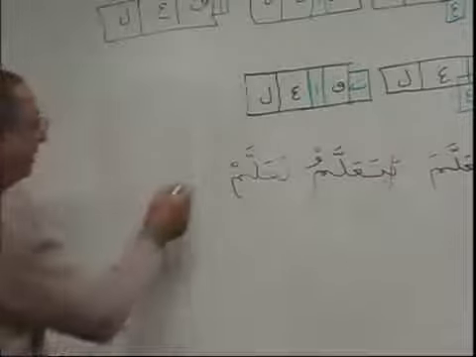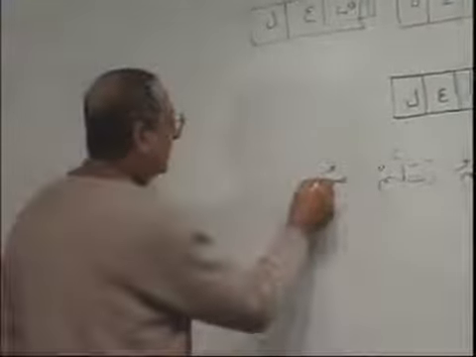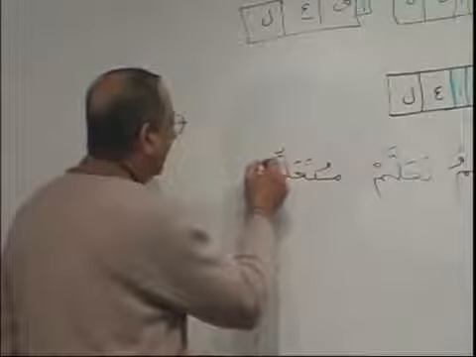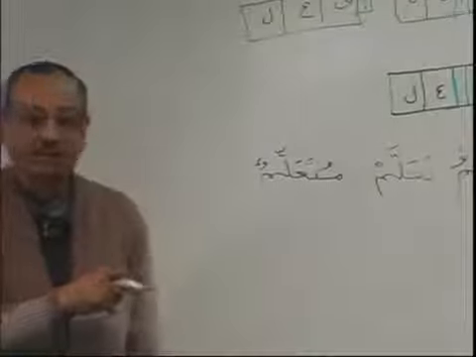Now make ism fa'il. For ism fa'il, what do you do? You bring mu instead of alamat al-mudari', and then muta'allim. This is the only time you will make a kasra. Are you with me? And then, brothers and sisters, muta'allam.